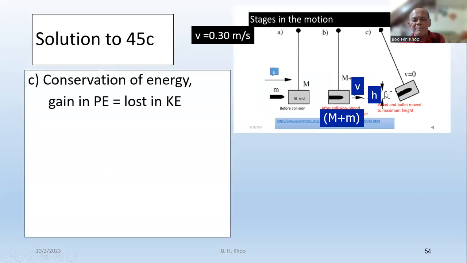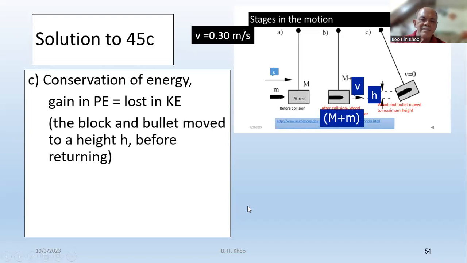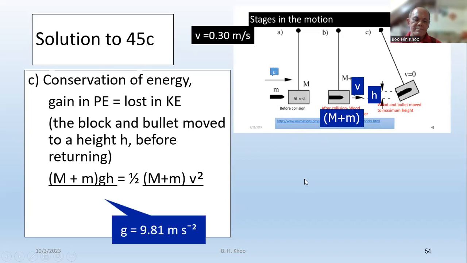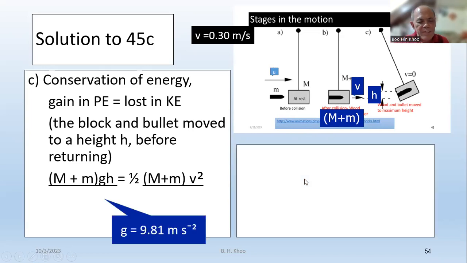You want to find the maximum height. So the gain in potential energy equals the loss in kinetic energy. The block and bullet move to a height h before returning. The potential energy is the total mass of bullet and block times g times h. The total kinetic energy of the embedded bullet is half m v squared. That's your v. g is 9.81.